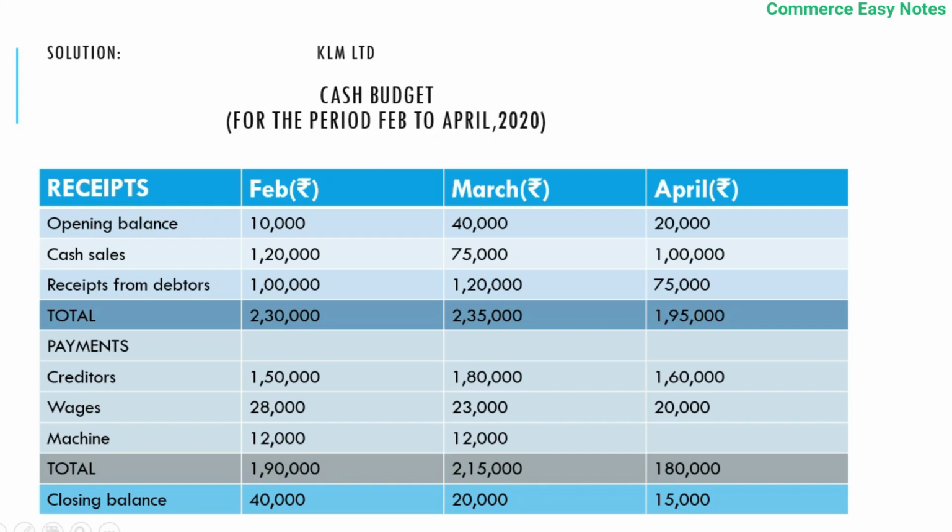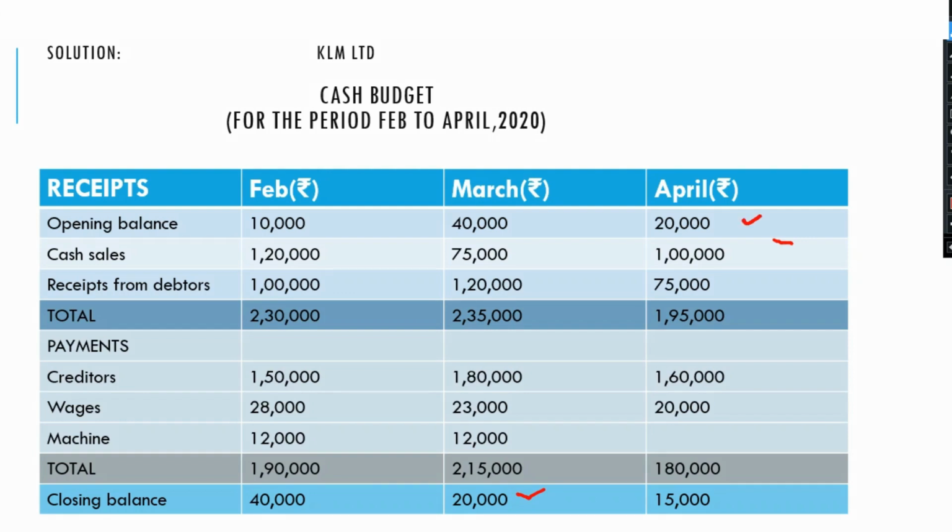And then the total. Similarly, creditors for the purchase of February, 1,80,000, wages 23,000, machine 12,000, and the difference is calculated. Then we see 20,000 is the closing balance of March, and that becomes the opening balance of April.